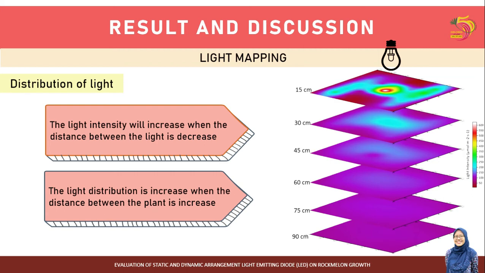We can see at the 50 centimeter plot, it shows higher light intensity compared to other distances, and at other distances the plot shows lower intensity, as the light is less distributed. We can also see at the 90 centimeter plot, the intensity distribution becomes more uniform as the distance between the LEDs is increased.